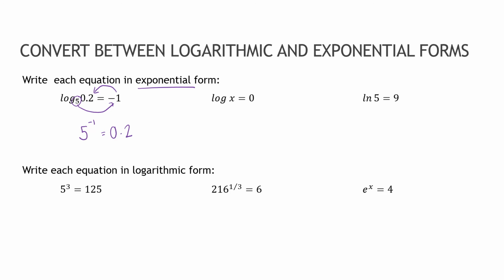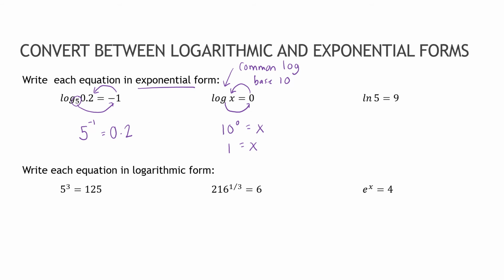Second one, a little tricky because we haven't talked about this. This is called a common log. So whenever you see a log function but you don't see what the number is as the base, the common log has a base of 10. They're never going to write the 10, they're just going to assume that you know that. So when I write this one, I'm saying 10 to the 0 equals x. And then you can see how this is going to transfer into us actually solving this function and saying, hey, anything to the 0 power is 1, so x must be 1.